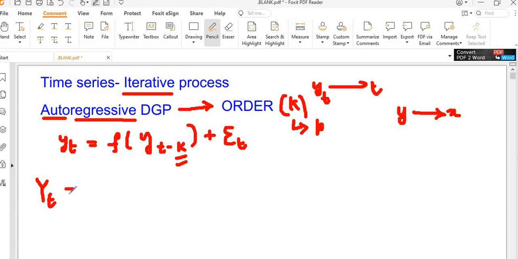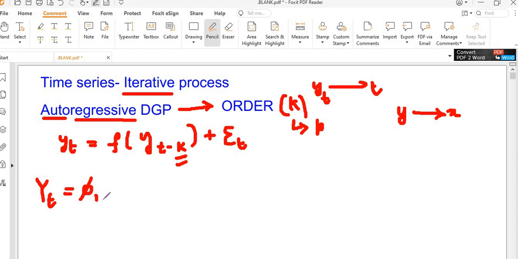So let me just say that capital Yt depends on, or we can actually put a basic constant here as well. Like sometimes when we run regression functions, we run y equal to alpha plus beta xt, right? So we can put a constant here as well.